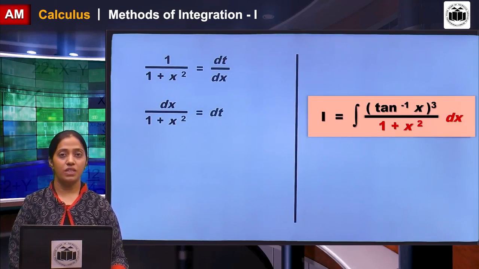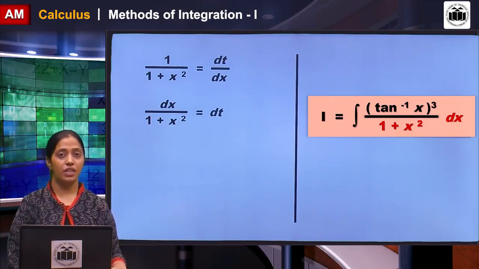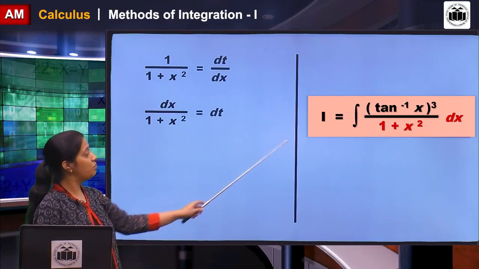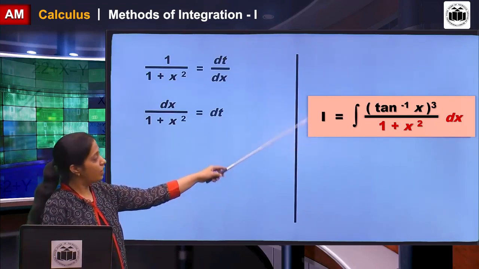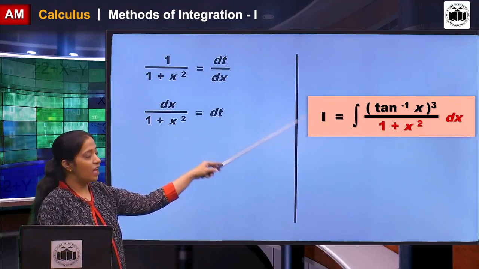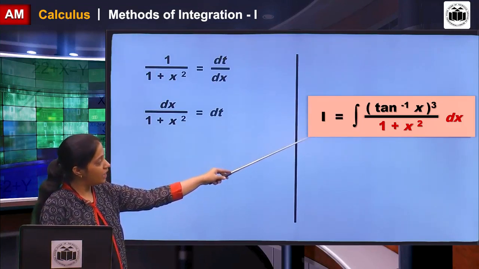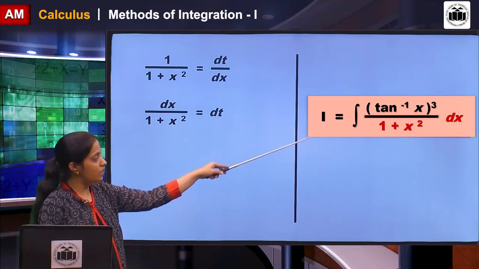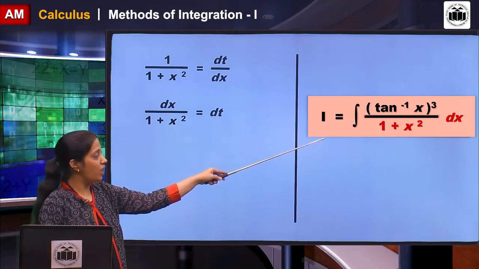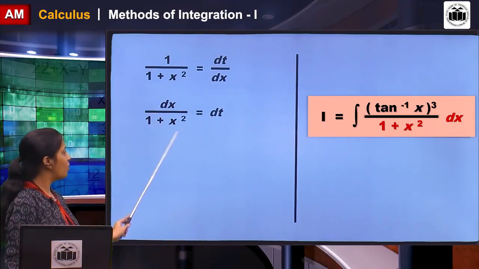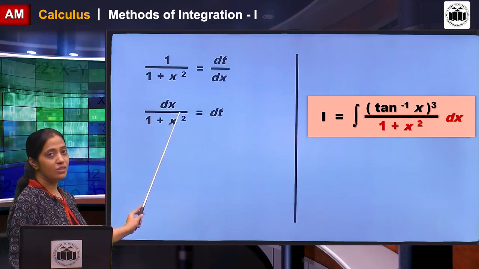And what is the integration? I is equal to the integration of (tan inverse x) the whole square upon 1 plus x square. For the numerator tan inverse x, we have used a substitution. What is that? That is t. So that will be t cube. And what about the rest of the term? dx upon 1 plus x square. Check our dt value. This is dx upon 1 plus x square.